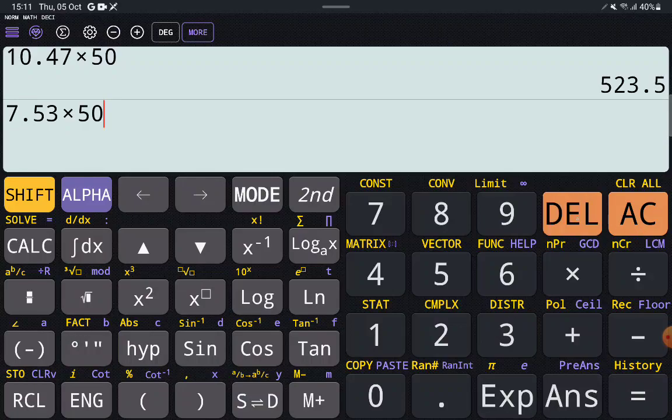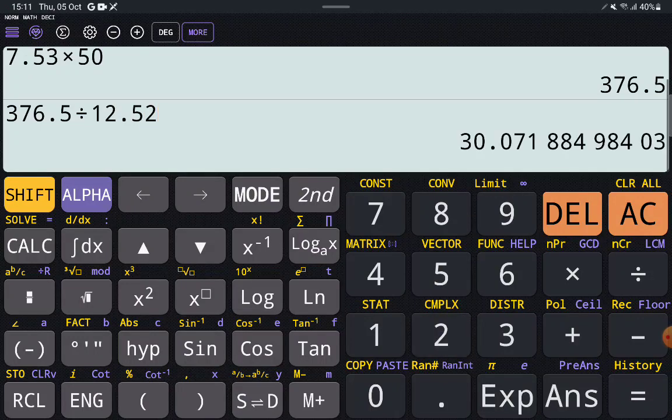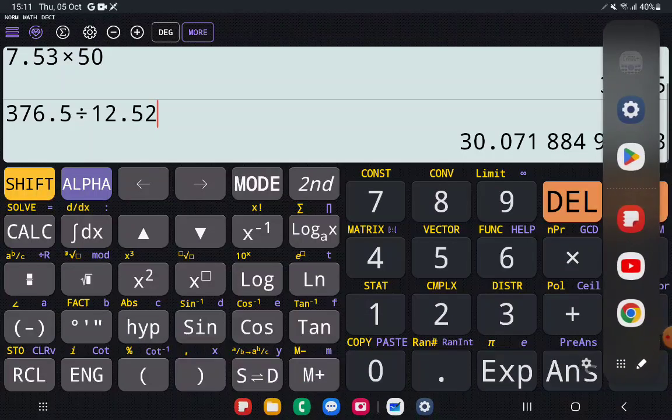Let's do that. 376.5 divided by 12.52. And that gives me 30.071.